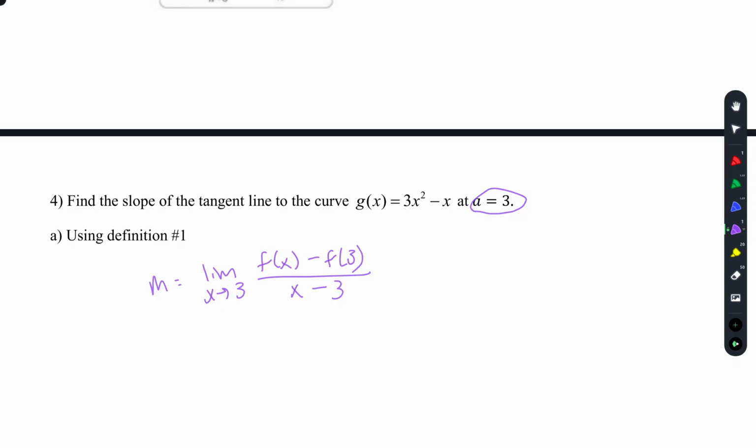So you would plug it in and do what we did on that other example. Definition 2 is with that h thing, okay? So the idea with definition 2 is you would take the limit as h approaches 0. Every single time it's h approaching 0, so it's kind of nicer in that regard.